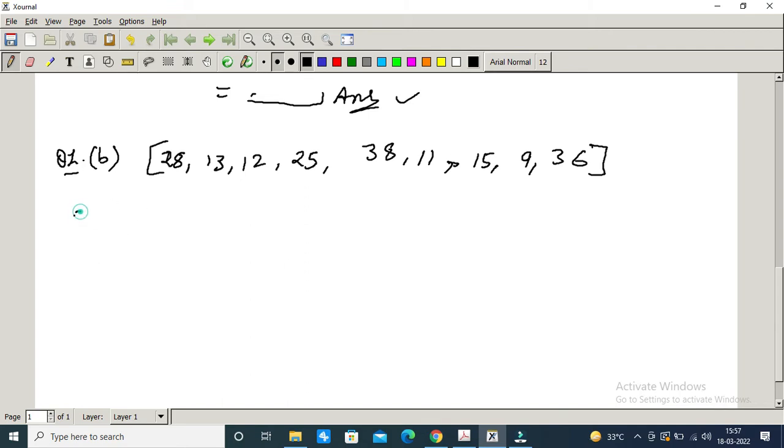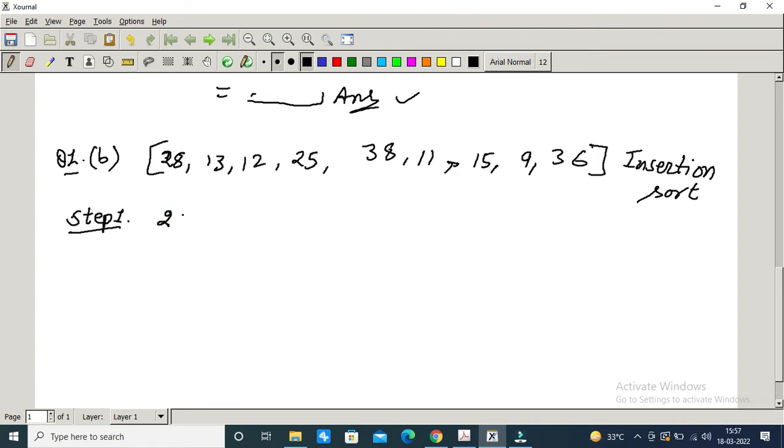So for step 1, let me write insertion sort here so that you are not confused about which sorting algorithm I am applying. According to insertion sort, it assumes that the first element is already sorted.